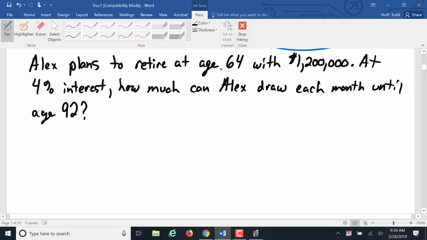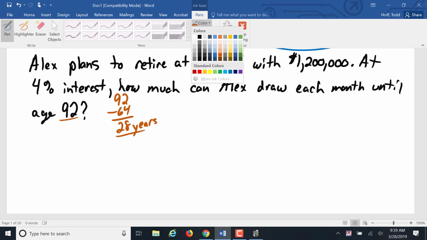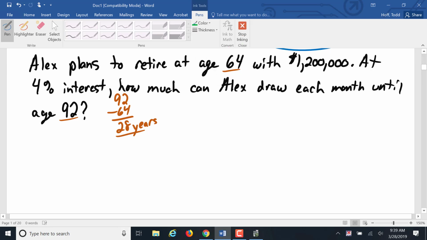So first thing we should probably do is find out how many years that is. 92 minus 64 is 28 years. So now we do our formula here.